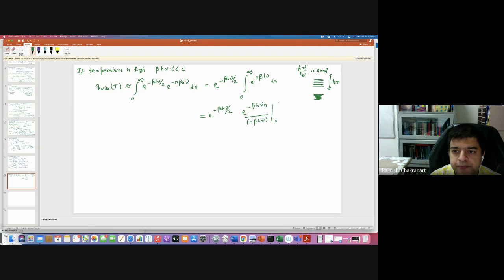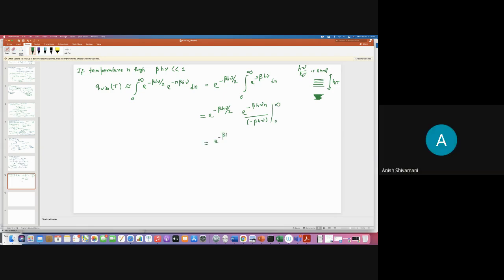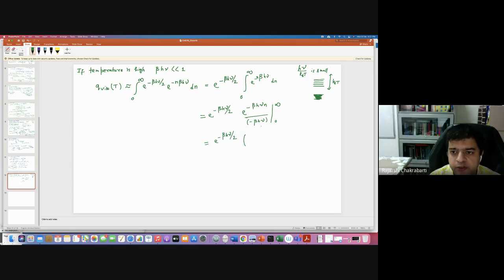What is the answer? 1 over beta h nu into e power minus beta h nu n, and this is going to be e to the power of minus infinity minus e to the power 0, divided by minus beta h nu, which will give you, because e to the 0 is 1, minus minus will cancel, this is 0.